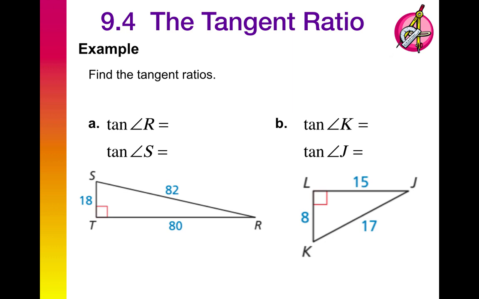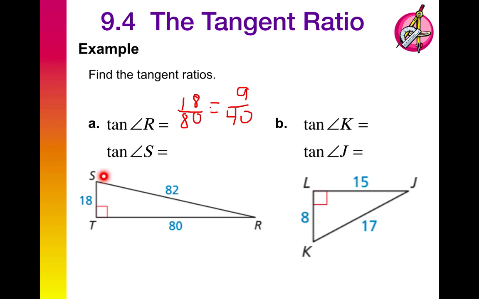In this particular case, I've got RST as my triangle, and the tangent of angle R is going to be equal to the ratio of the opposite side over the adjacent side. So I would write this as 18 divided by 80, which is another way of saying 9 over 40.